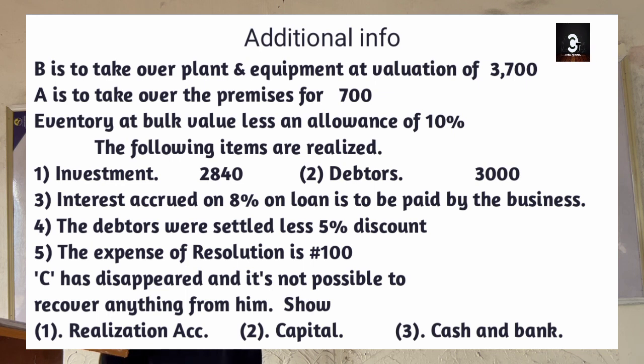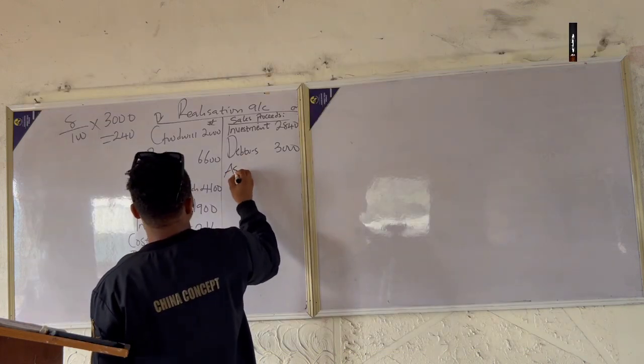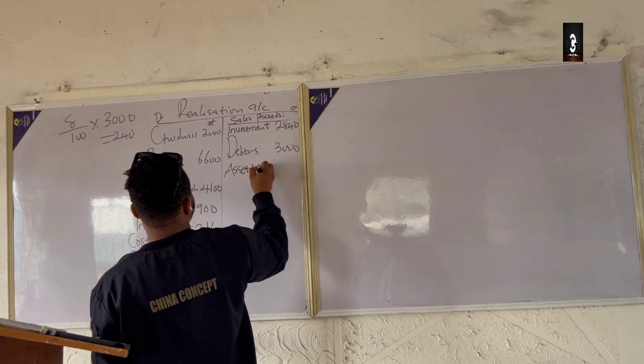Then the next thing here is debtors. How much were debtors sold for? Debtors were sold for 3,000. The next thing is assets taken over by partners.